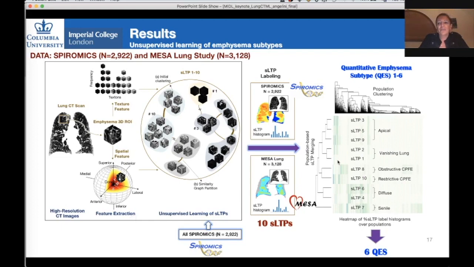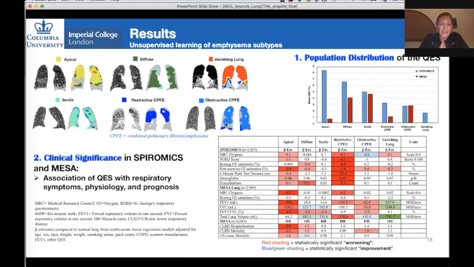And those subtypes were reviewed also by collaborating radiologists who agreed with the aggregation of SLTPs and who also came up with nice names for those QES. So currently we have 6 QES, which are called apical, diffuse, vanishing lung, senile, and 2 CPFE types. CPFE stands for combined pulmonary fibrosis and emphysema, and those 2 types are either restrictive or obstructive.